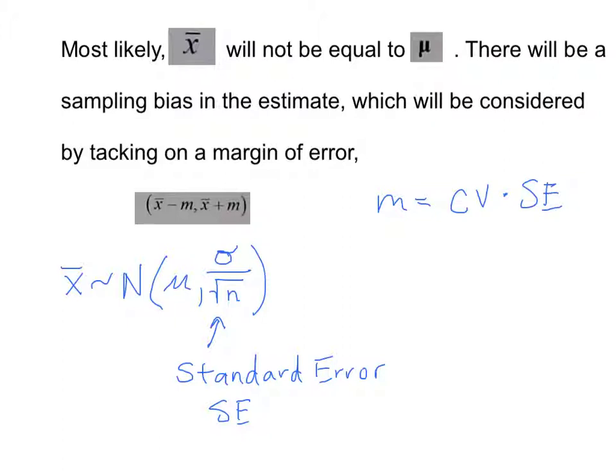So this critical value is going to come from our confidence level, and we already know where the standard error comes from. It comes from sigma over the square root of n. Remember, if you don't know sigma, you can also use S, the sample standard deviation, to approximate it.